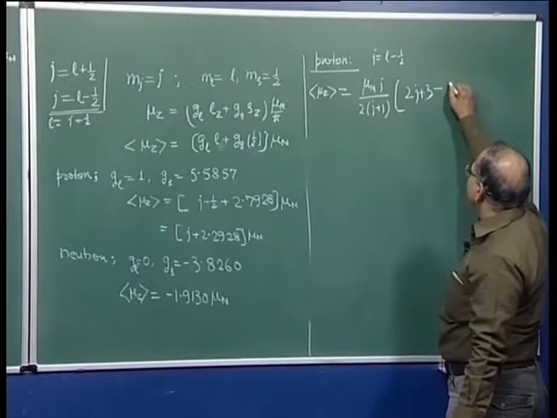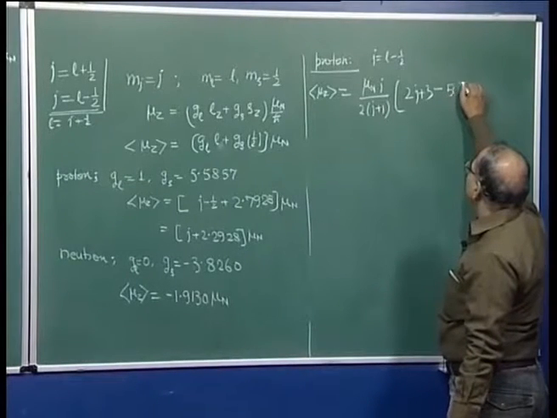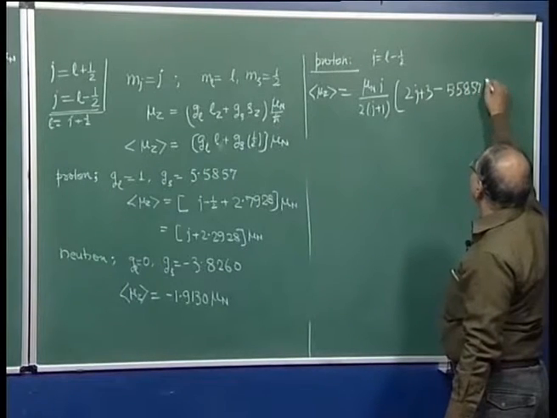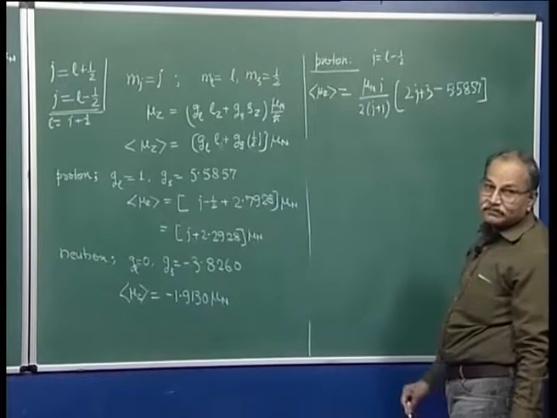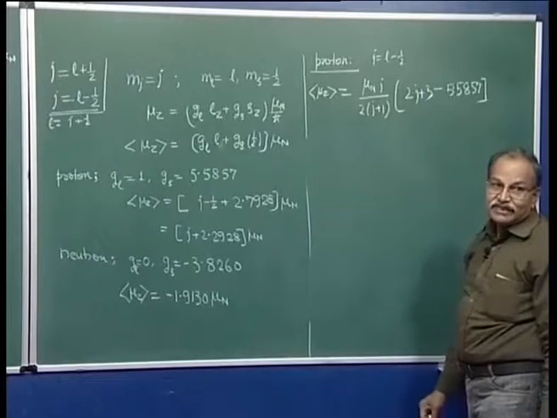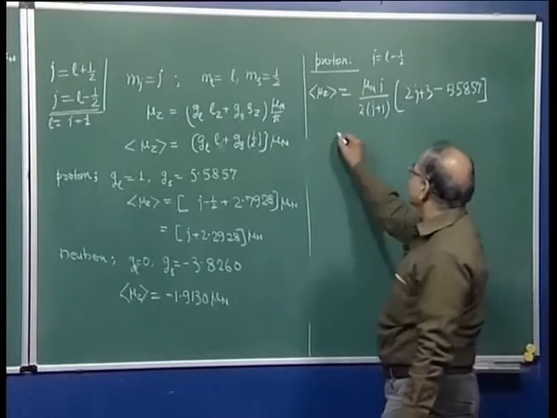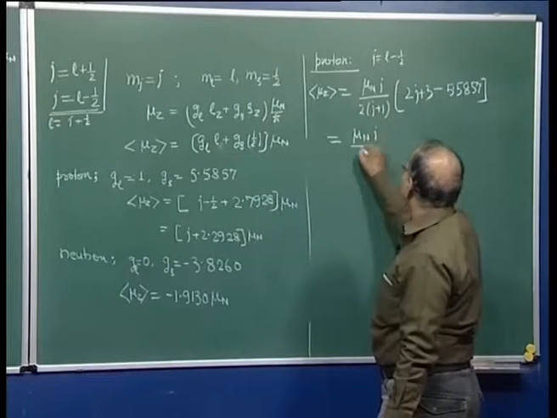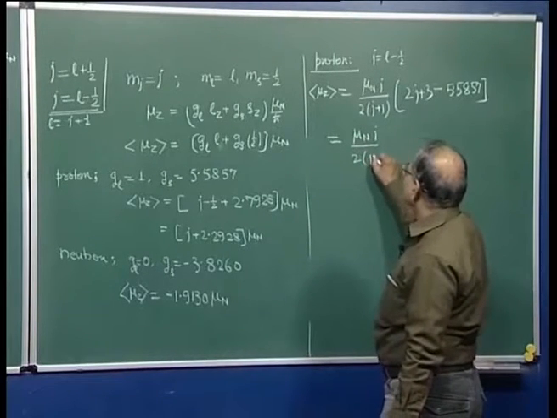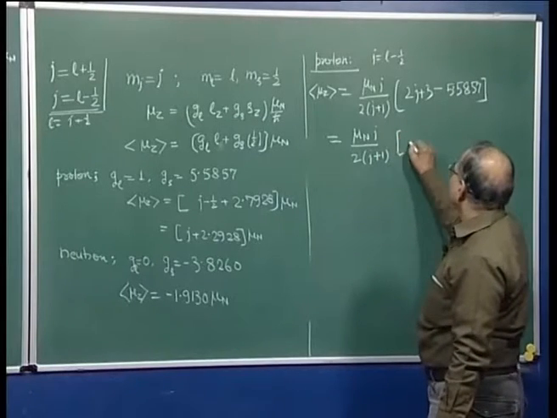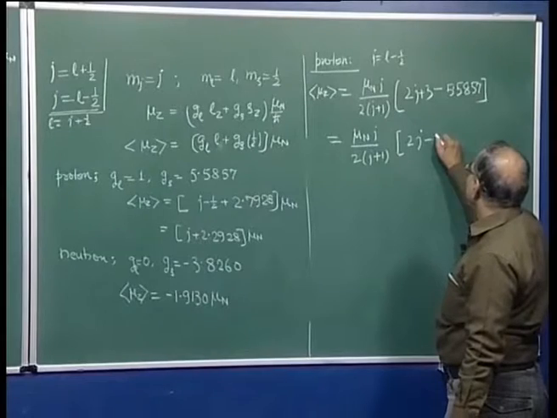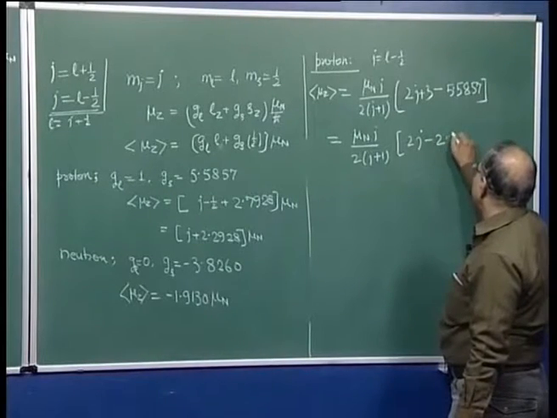GS is 5.5857. If the last nucleon is proton, then it is this, which is mu n J 2 J plus 1 and 2 J here and minus 2.5857.